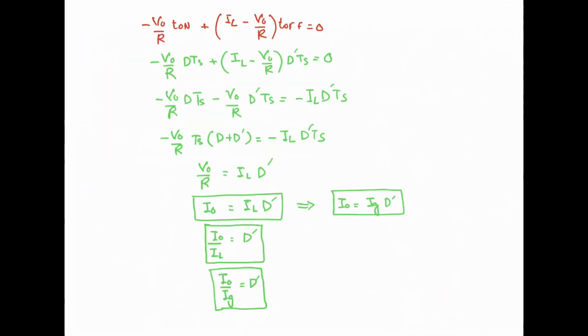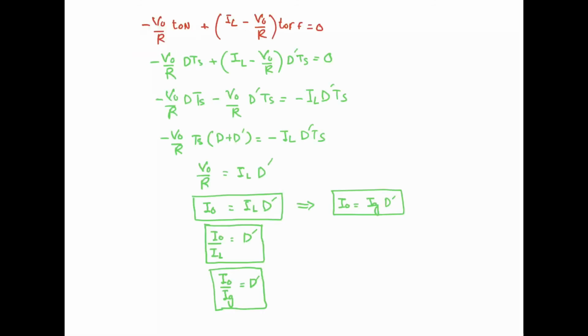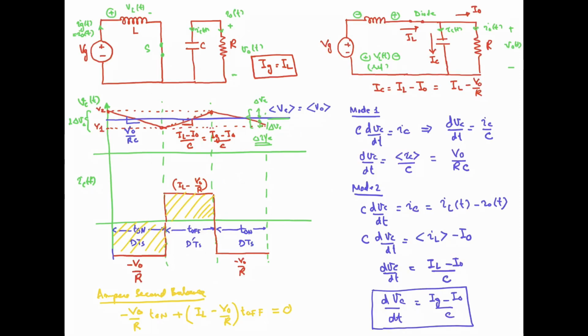So now we are going to work that out. We use the basic expression that delta y is equal to slope into delta x, right? Delta y is 2 times delta vc. Now let's consider the on interval. In the on interval, the slope is V naught by RC, right? So we can write V naught by RC into delta x, and delta x is T on.